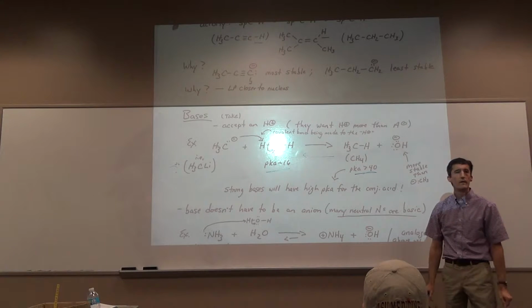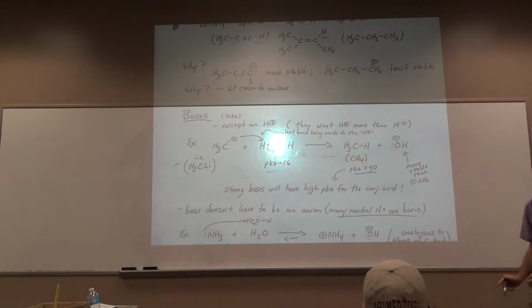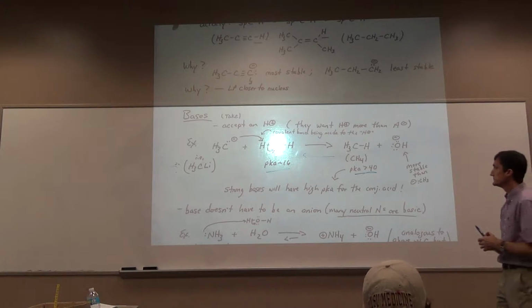Bases, though. In organic chemistry, we don't use pKb. We actually use pKa's for bases. But when you give a pKa for the base, it's actually referring to the conjugate acid. Okay?